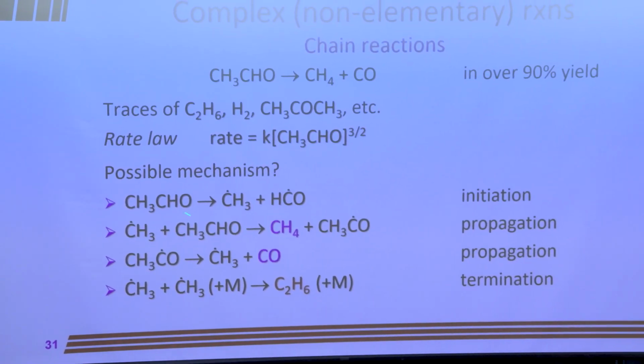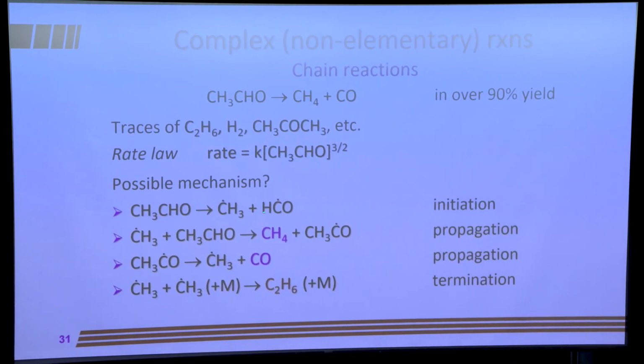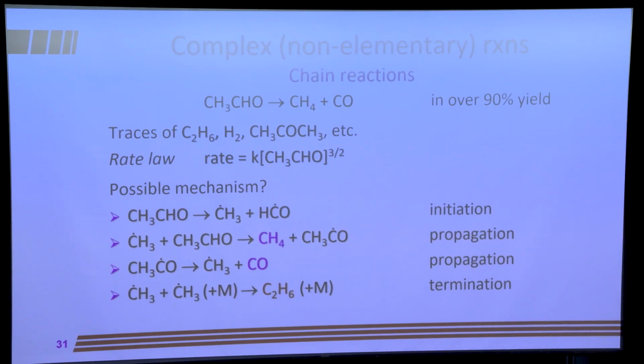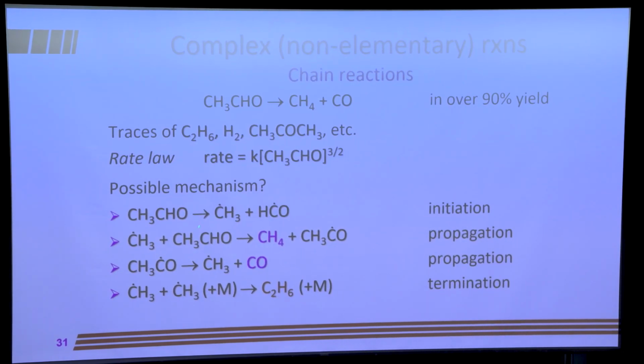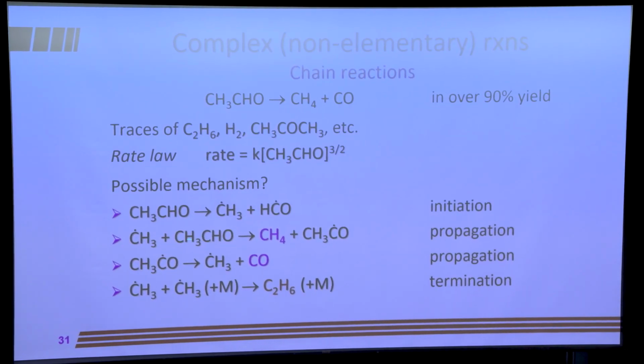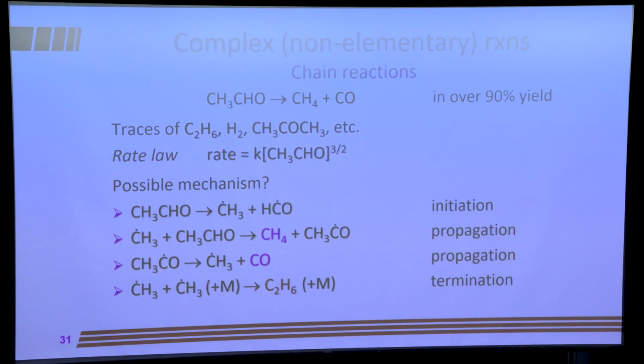We have acetaldehyde giving us methyl plus formyl radical, okay? And then the methyl radical abstracts a hydrogen atom from acetaldehyde to give methane plus this CH3CO radical. And that CH3CO radical then can decompose to give methyl and CO. So now you have methane and CO, the main products.